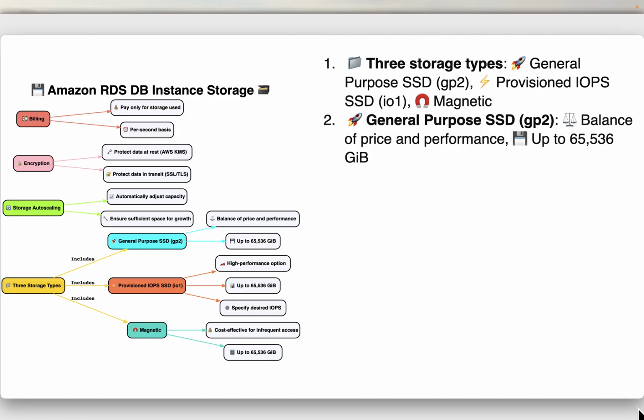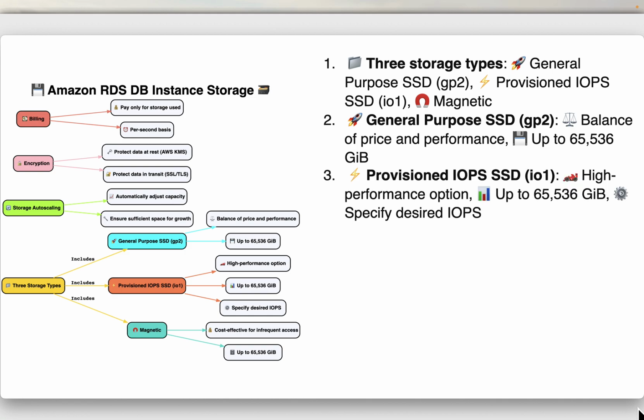It is the default storage type, and it offers a balance of price and performance, with maximum storage of 65,536 GB. Then we have provisioned IOPS SSD, referred to as io1. It's a high performance option up to 65,536 GB. Provisioned IOPS SSD io1 is designed for I/O intensive workloads that require high performance.